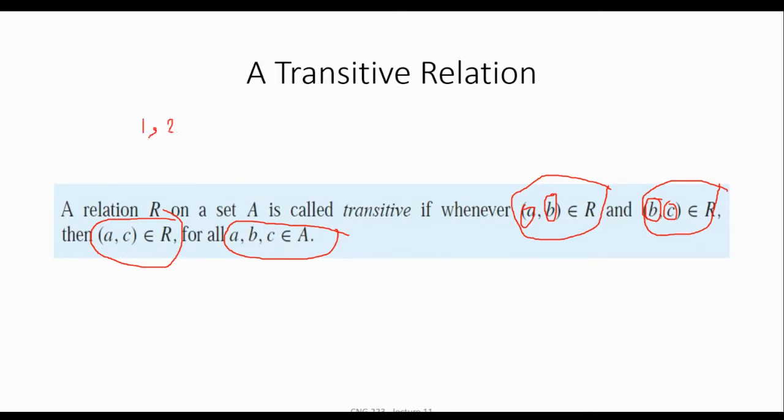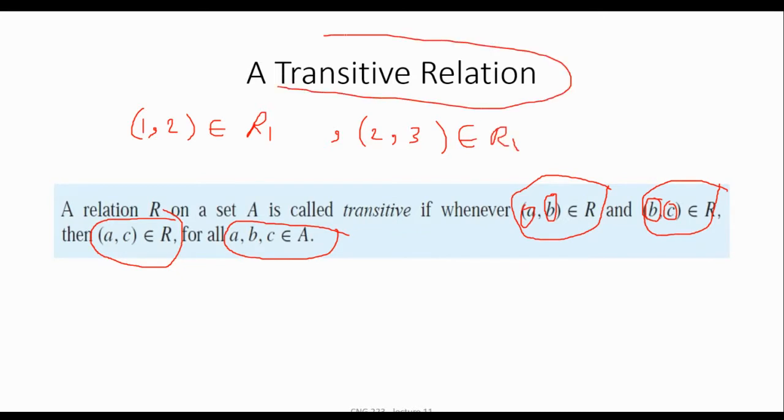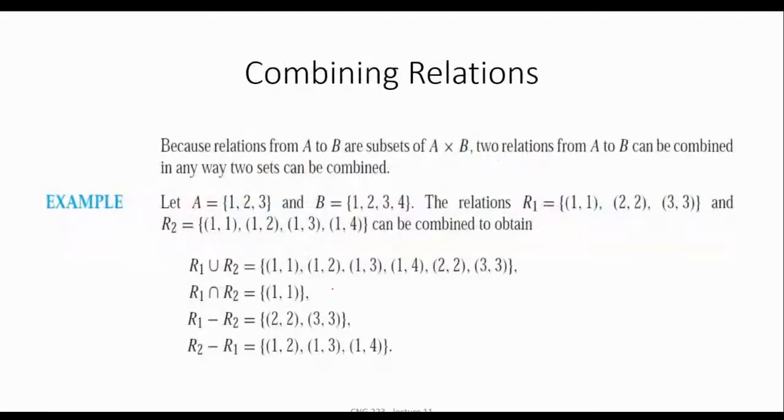If 1, 2 belongs to R1, for example, and also we know that 2, 3 belongs to R1, if we claim that this relation R1 is transitive, then for sure 1, 3 should belong to the same relation as well. Okay, this is the idea of the transitive relation, and we will practice it together.